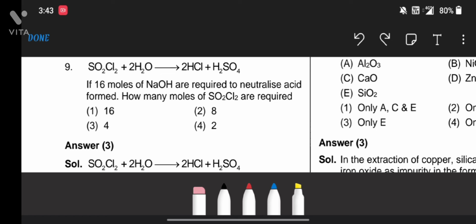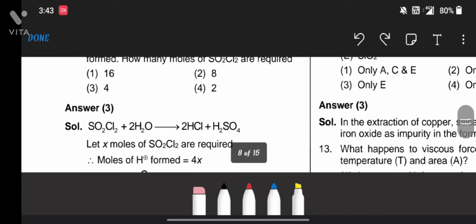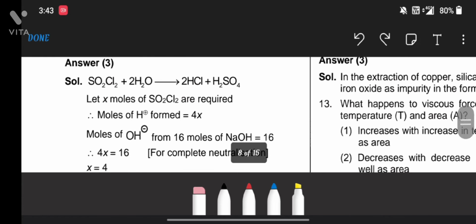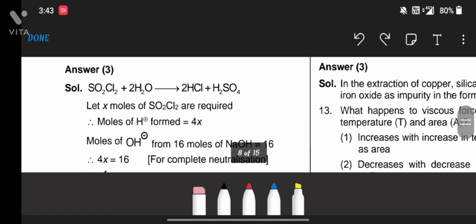If 16 moles of NaOH are required to neutralize the acid that is formed, then how many moles of SO2Cl2 are required? So taking this reaction, let us take X moles of SO2Cl2 as required. We don't know, so let us take it as X.